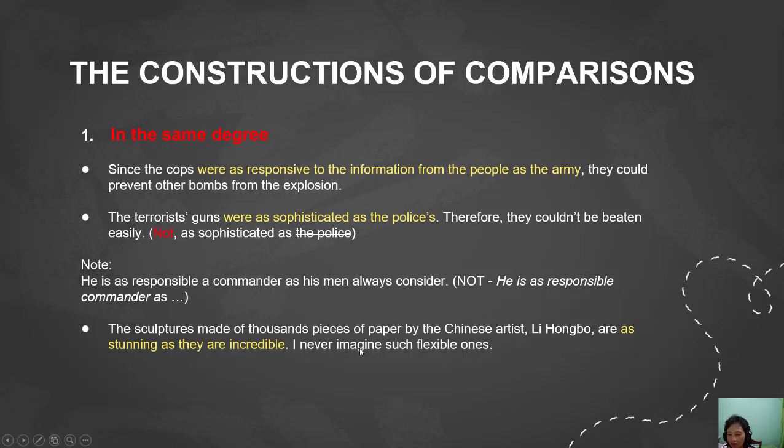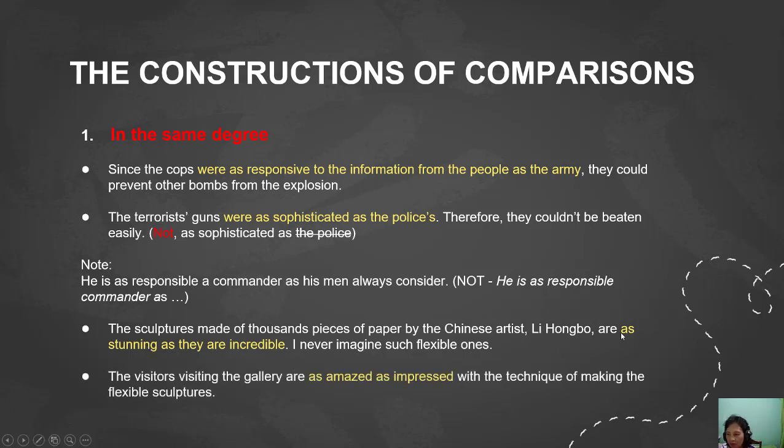I never imagined such flexible ones. So we want to compare two qualities of the sculptures. They are stunning and incredible. So we have it as stunning as they are incredible. They refers to the sculptures.